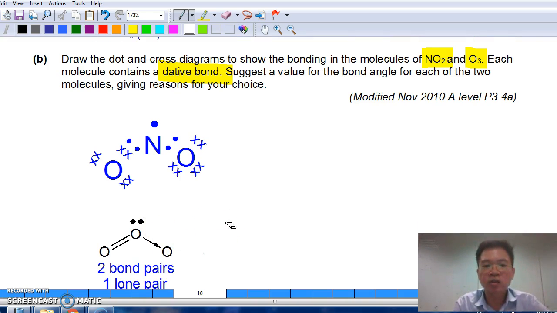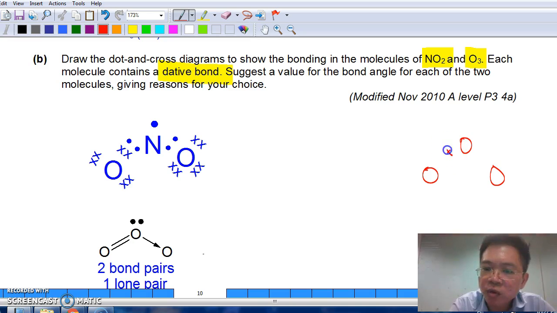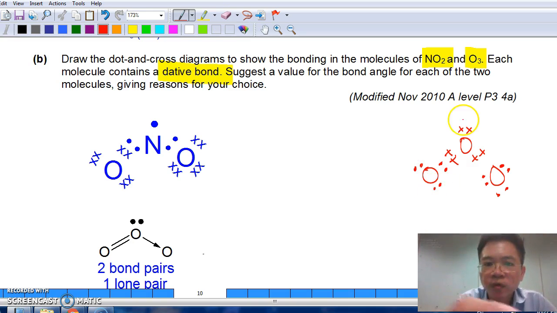That's the dot cross structure. And for O3, we have O, O, O. If we try the same method, a double bond and a dative bond, we check each of the atoms.